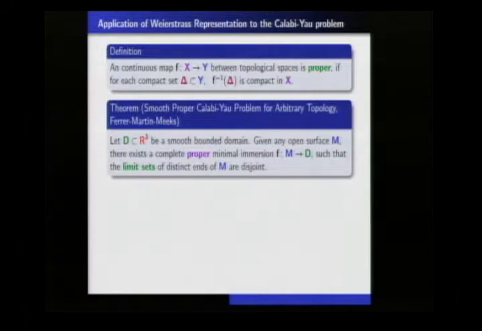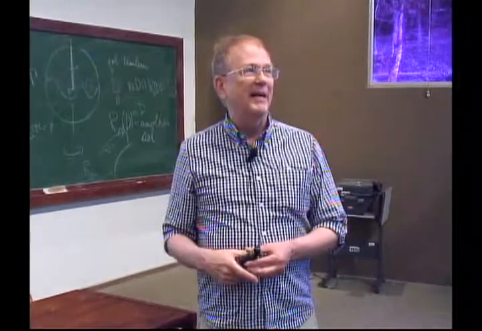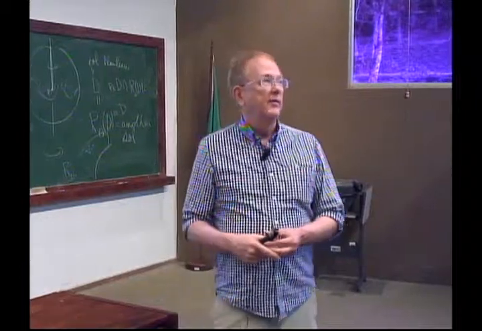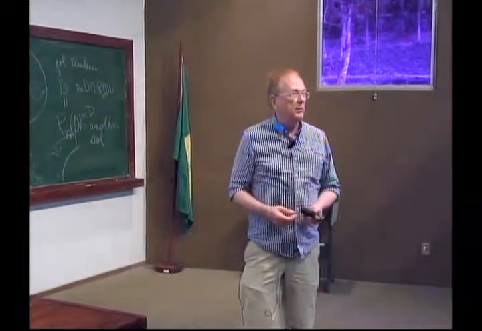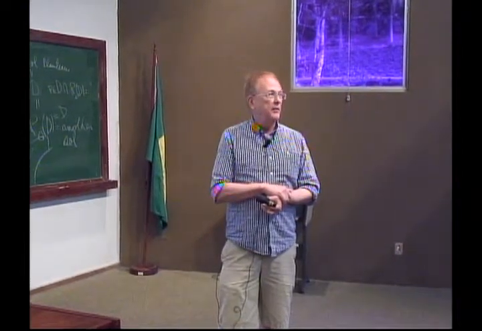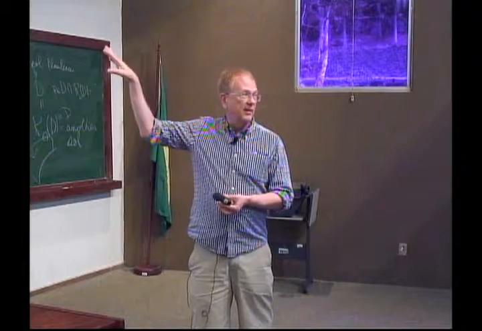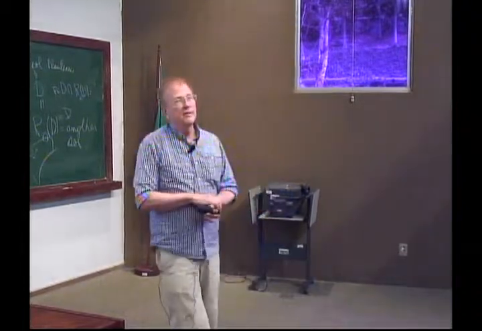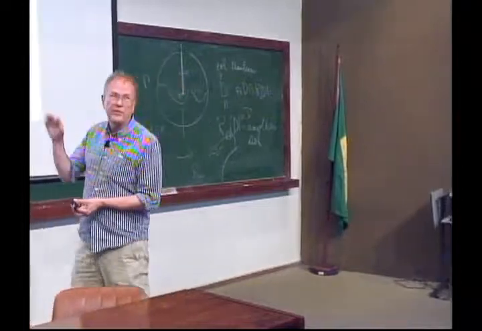It's just an open set in R3, such that any complete proper immersion of a surface that has bounded mean curvature, so not just minimal, bounded mean curvature, then there is no such surface that has an annular end. So for example, the plane will not have a complete, proper, or minimal immersion into this particular domain. It will have in the unit ball, but not by this theorem, but it won't have inside of this other domain. So smoothness is very important here.